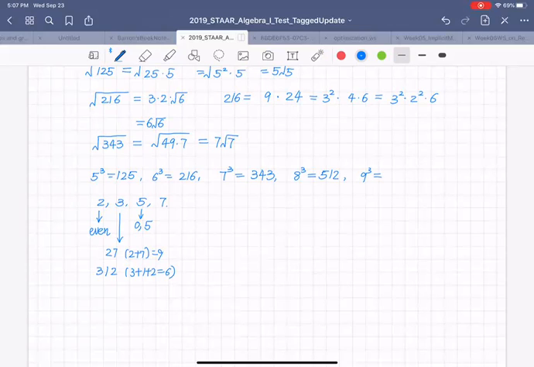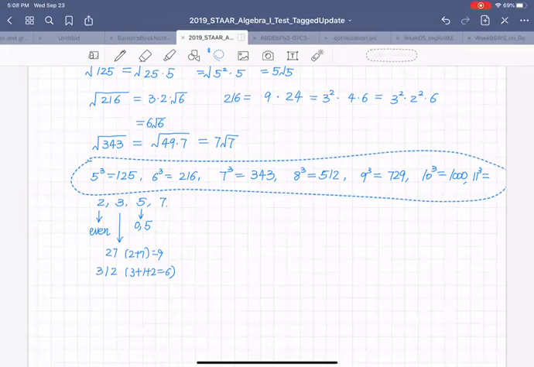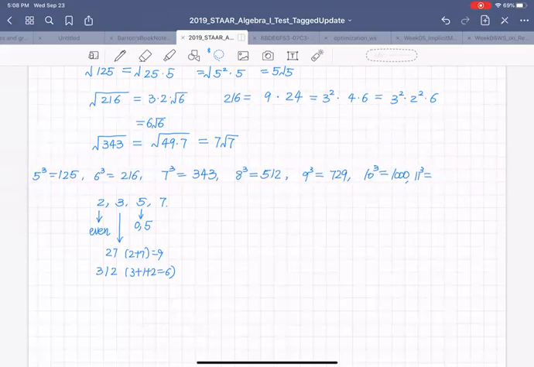Nine to the power 3 is how much? 729. Yes. You want to remember those. 10 cubed is how much? 1,000. 11 cubed? 1331.